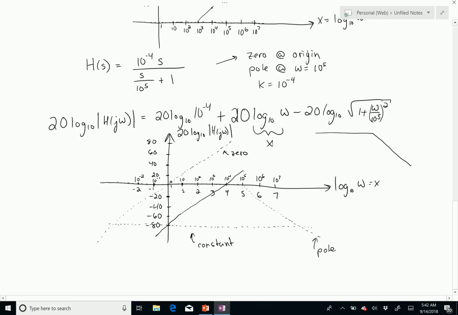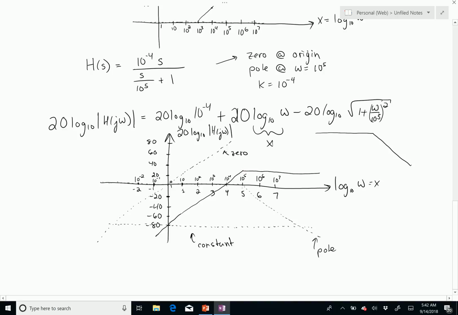All right. Now, at this particular point, I begin to hit the impact of the pole. So at this point, I have a 0 that is causing me to rise 20 dB per decade, and I have a pole that is causing me to fall at 20 dB per decade, which means that overall, I am going to remain constant, right?